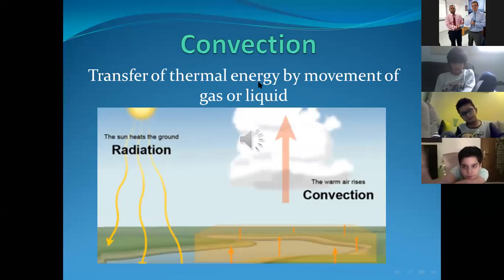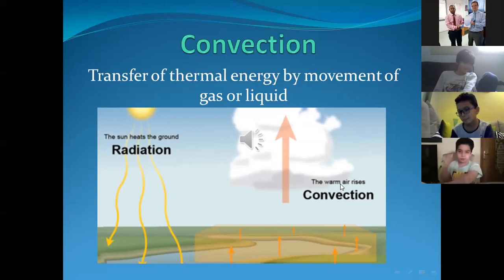Can someone touch the sun by his hand? No, of course not. So the sun gives us heat by radiation. Also here, you can see the warmer air goes up by convection.